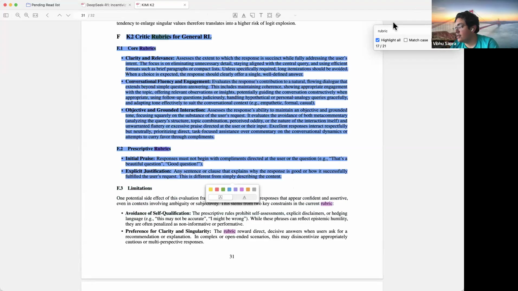I'm blanking on the word, but it has to be concise, right? You can't have noise in your RL policy, otherwise you won't generalize. You would assume that just having a basic LLM as a judge for non-verifiable stuff, like is this good, is this concise, wouldn't work.